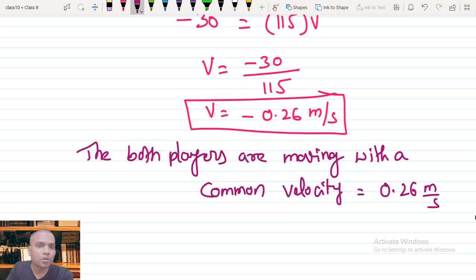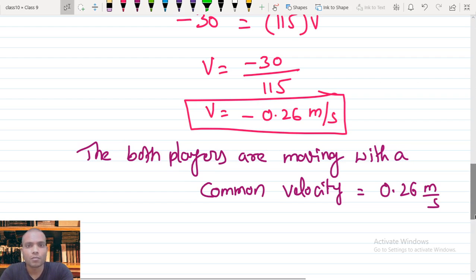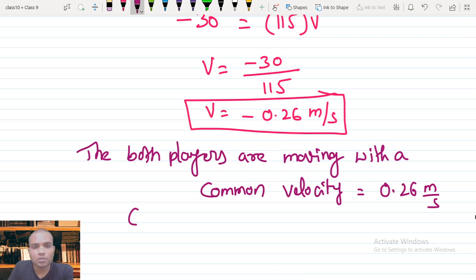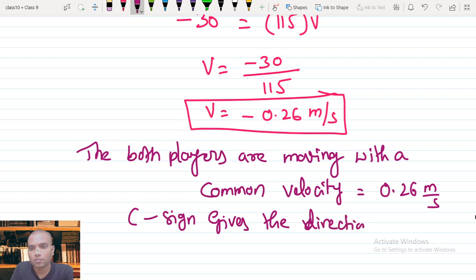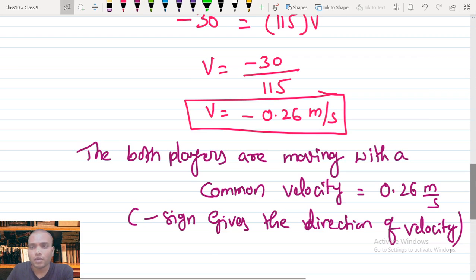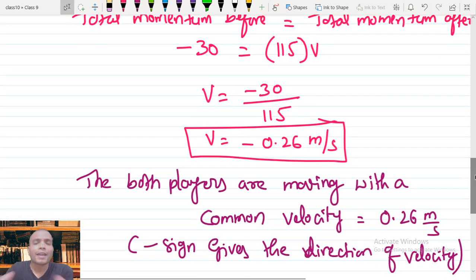The negative sign tells us that they both are now moving opposite to their original direction. The minus sign gives the direction of velocity. Now they both are moving in the opposite direction of their original velocity direction.